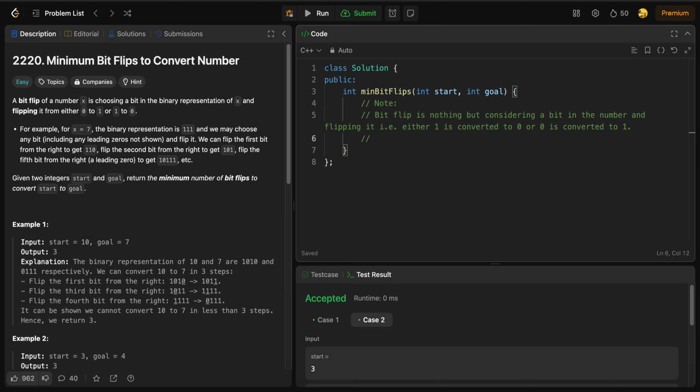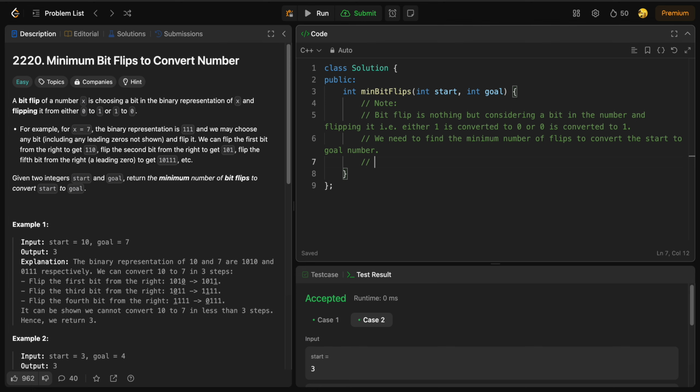So we need to find the minimum number of flips to convert the start to the goal number. So how could we do that?